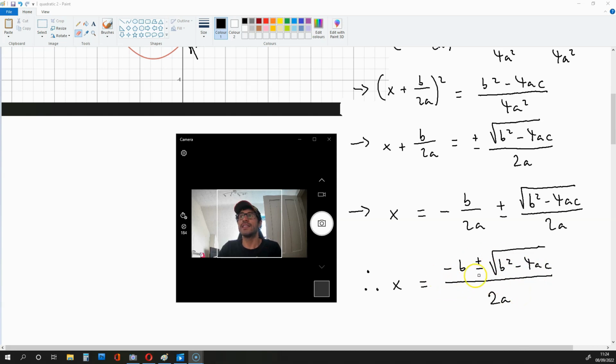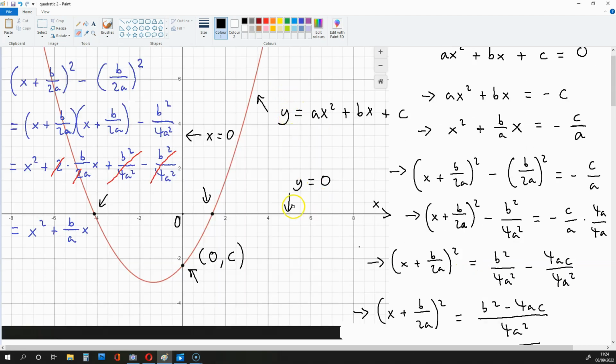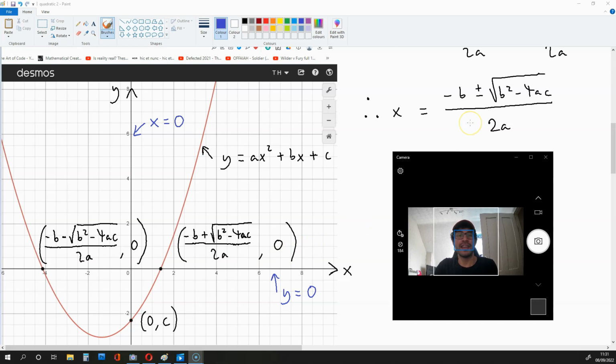And these values of x are at the x-intercepts, where y is equal to 0. Now this formula is the famous quadratic formula, and it can be used to find the x-intercepts for equations or graphs of the form y equals ax squared plus bx plus c.